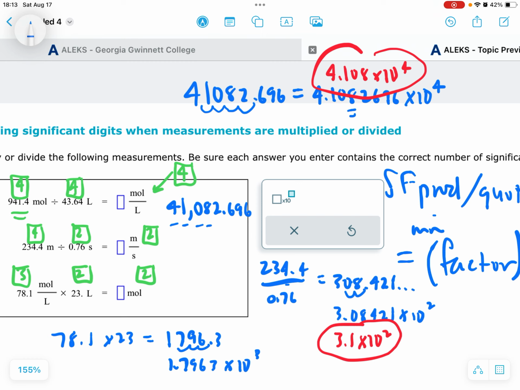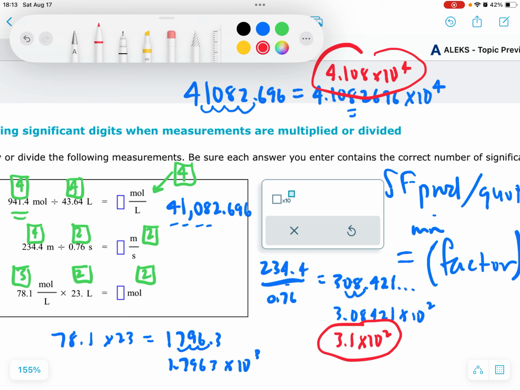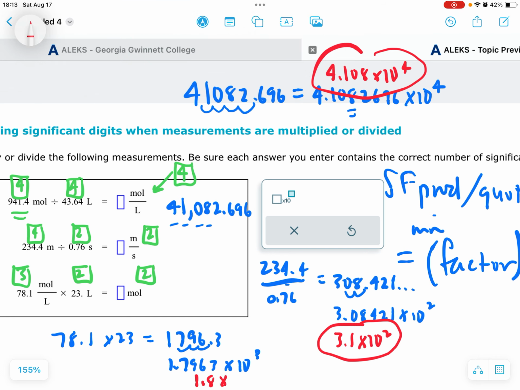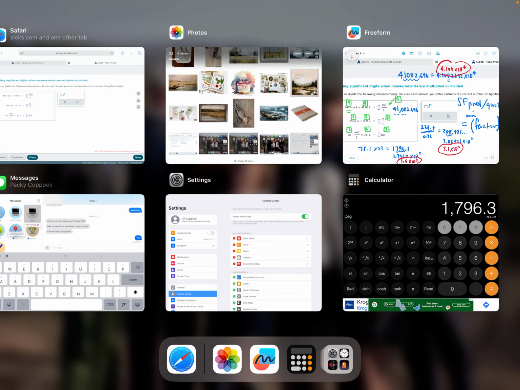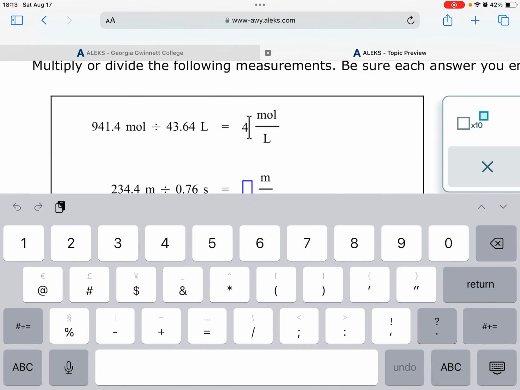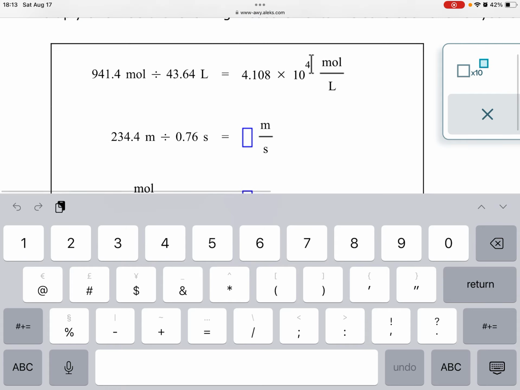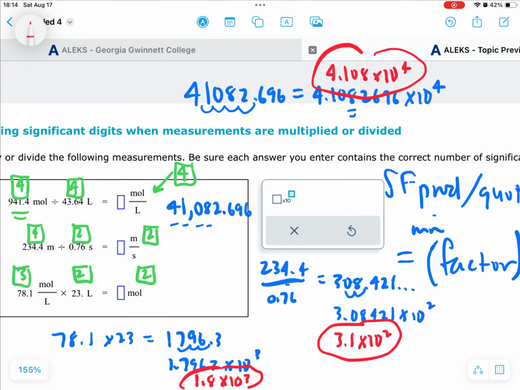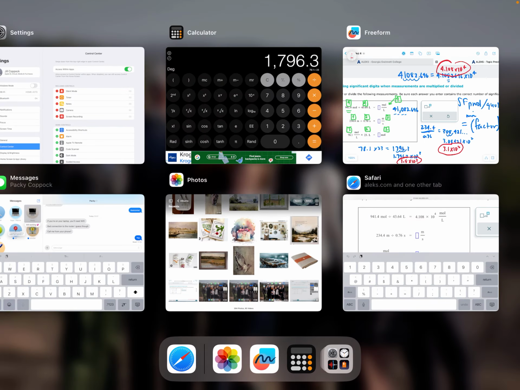Now I'm going to plug these numbers into my actual ALEKS, if that's still up, and see if I get credit for that. The first one's 4.108 times 10 to the 4. The next one was 3.1 times 10 to the 2.